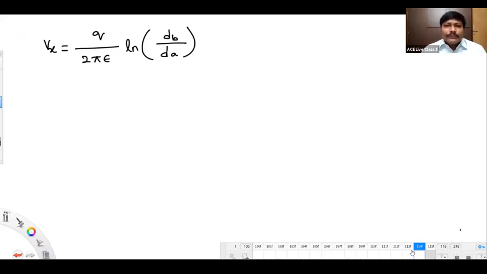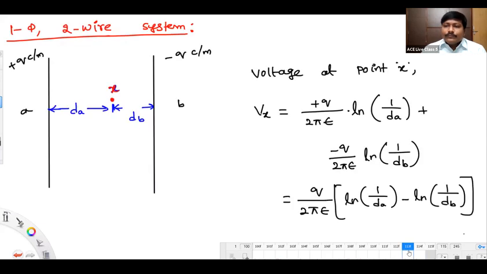Okay, one small question. If dB and dA values are equal, where will the point X be? Exactly at the middle. I can say exactly at the center or exactly at midpoint.